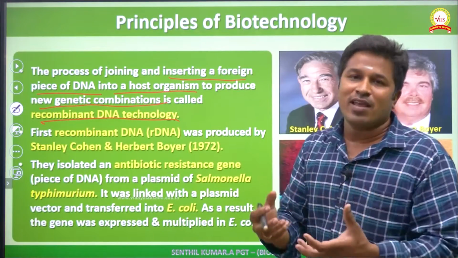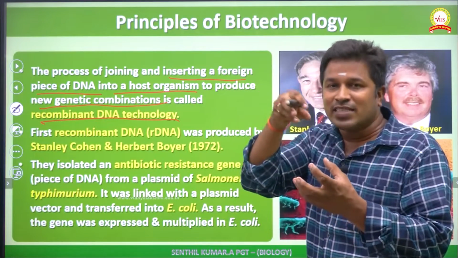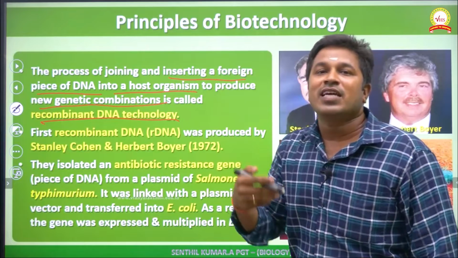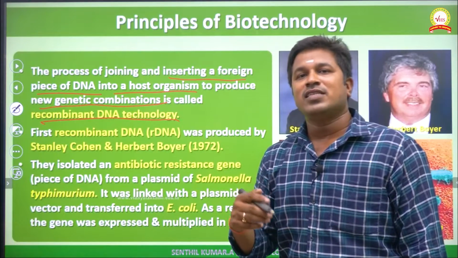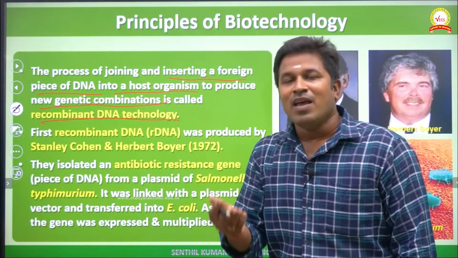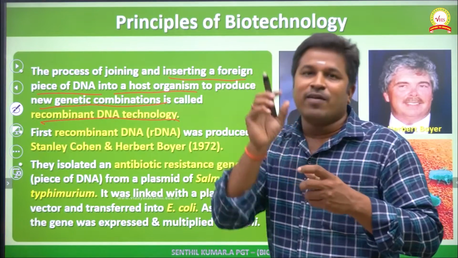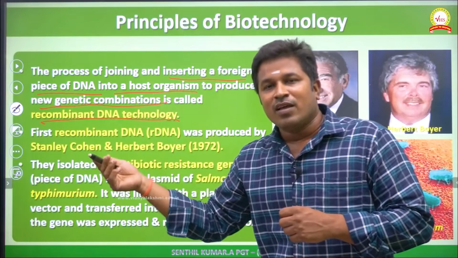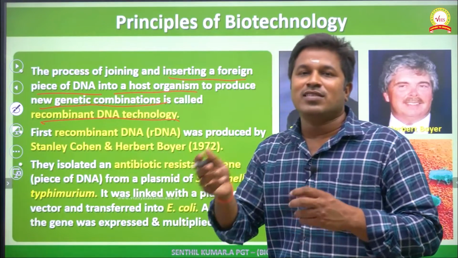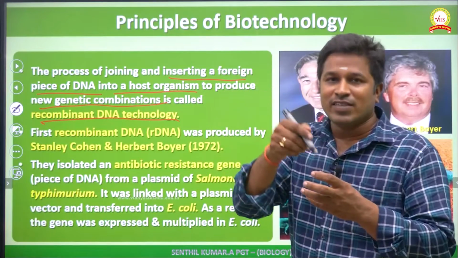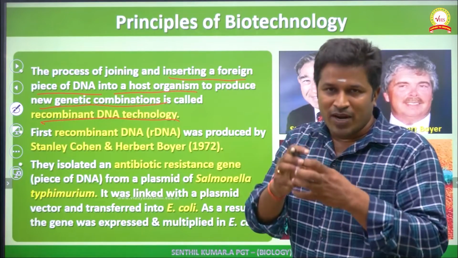We are inserting the gene of interest into the plasmid vector with the help of restriction endonuclease. The restriction endonuclease is an enzyme which cleaves the particular base pairs of both the DNA as well as the plasmid DNA. After that we insert our gene of interest, which is called recombinant DNA.